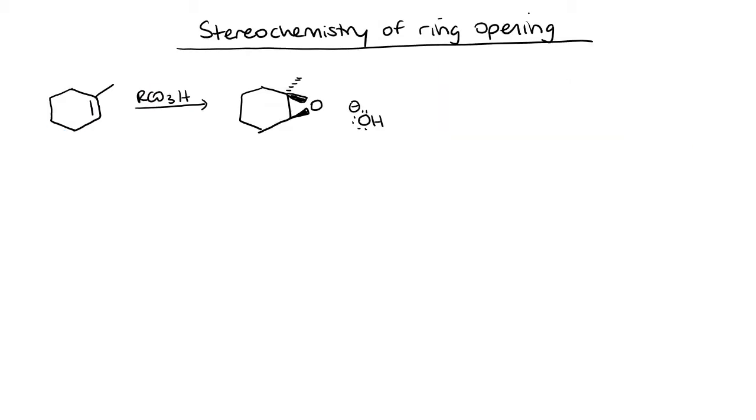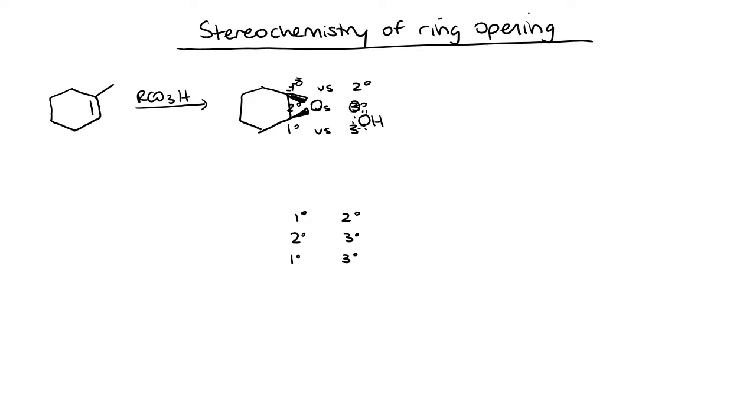Now when it comes to the stereochemistry of ring opening, the nucleophile will always attack from the side of the molecule opposite from the epoxide. So for example, we have an alkene in a ring here. Now when we treat it with peroxy acid, we know that we're going to form syn addition epoxide. We've illustrated that here. Now, when hydroxide, our strong nucleophile, comes in to do a nucleophilic attack, and since this is a strong nucleophile, it's going to attack the least hindered carbon.